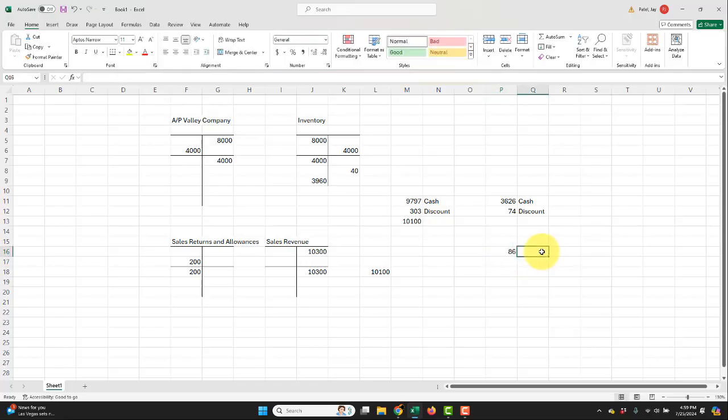So this is the discount. And to see how much cash they're paying us, it's just 8,600 times 99%. So this is how much cash they're paying us because they're taking that 1% discount. And again, the sum of these is our full 8,600.